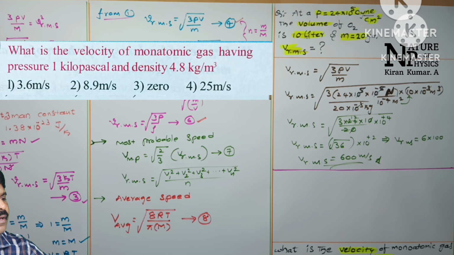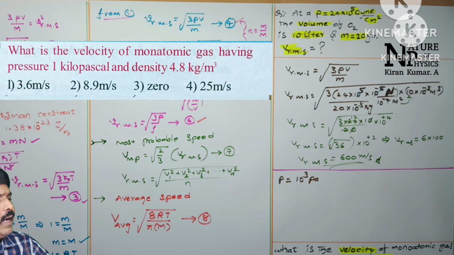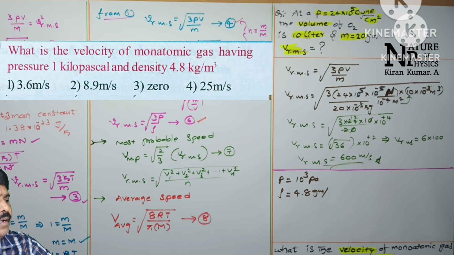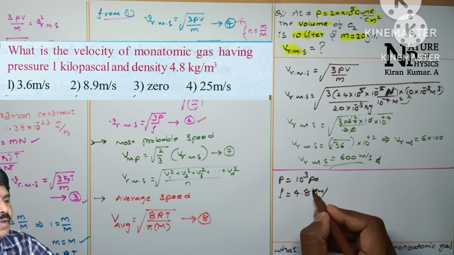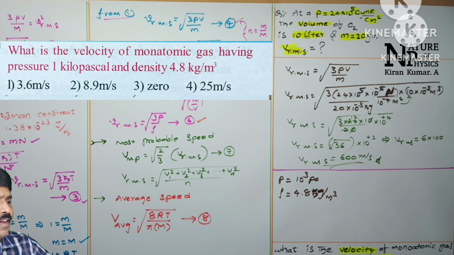See that. So what is the velocity? That is the RMS velocity of a monoatomic gas having pressure equal to 1 kilopascal. 1 kilo is nothing but 10 to the power of 3 pascal, and density also given, rho equal to 4.8 kg per meter cube. I made a mistake there, kg per meter cube, clearly written.